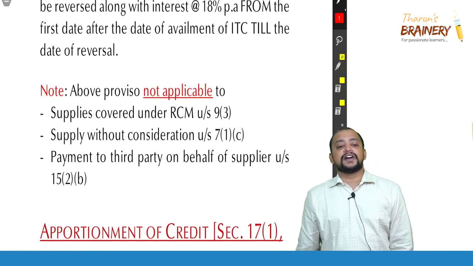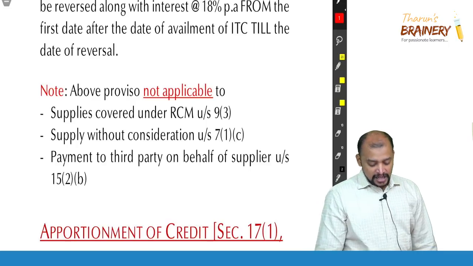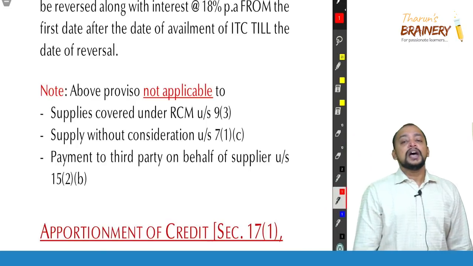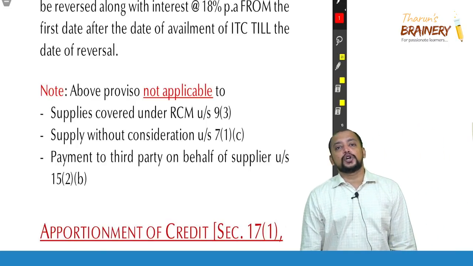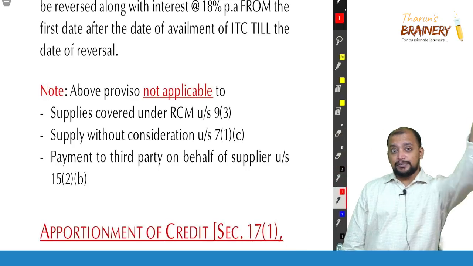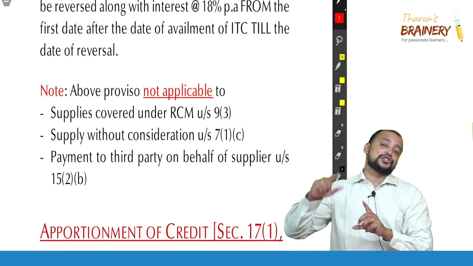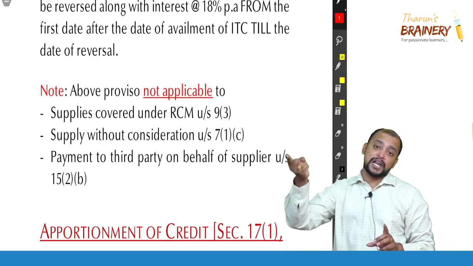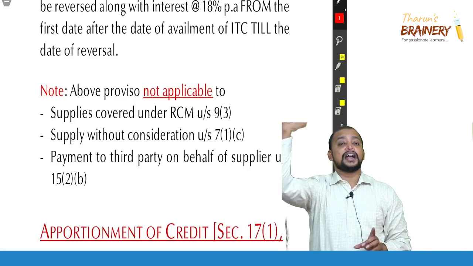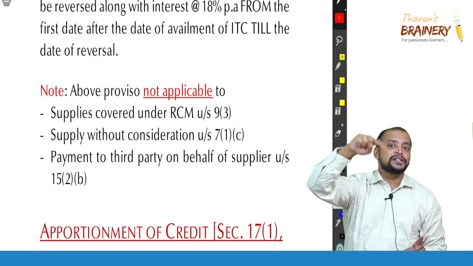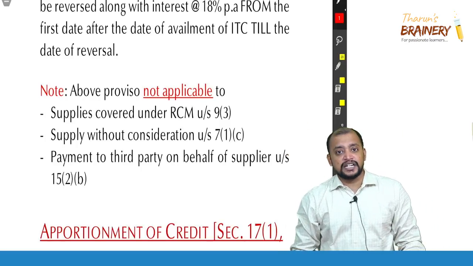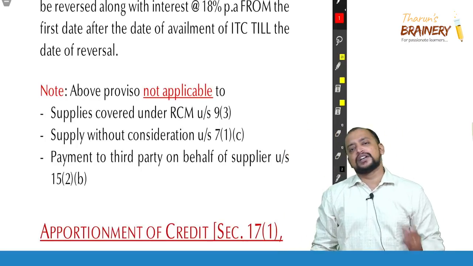Number 1, in case of RCM, section 9 subsection 3, this provision is not applicable. Then 15 subsection 2 clause B, that is supplier liability met by the recipient, meaning the recipient is not making payment to the supplier, the recipient is paying money to some other person, and that amount will be included in the invoice on which the recipient would have taken the credit, but the recipient did not make payment to the supplier, it's okay.